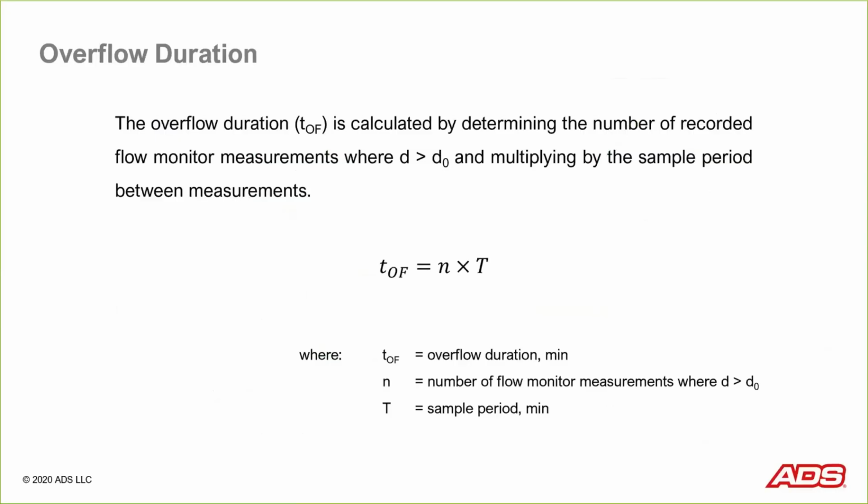Oftentimes in the monitoring work that we do at ADS, we are taking measurements every 5 or 15 minutes. So that sample period will govern how much time you allot to the flow rates measured at each of these increments to help you determine overflow duration and volume.